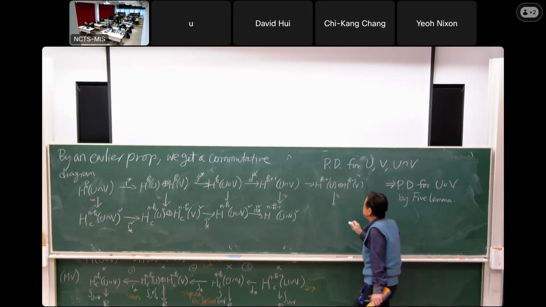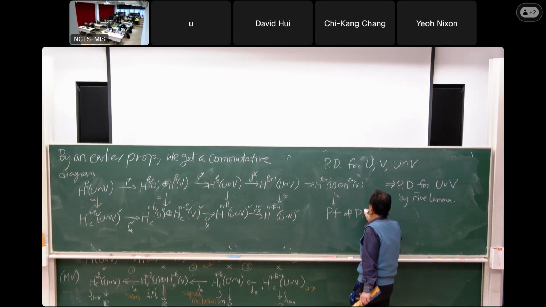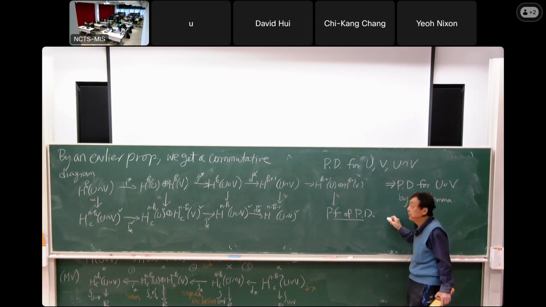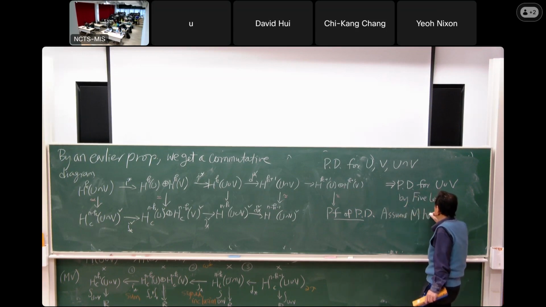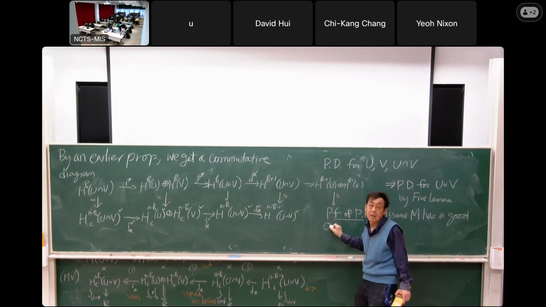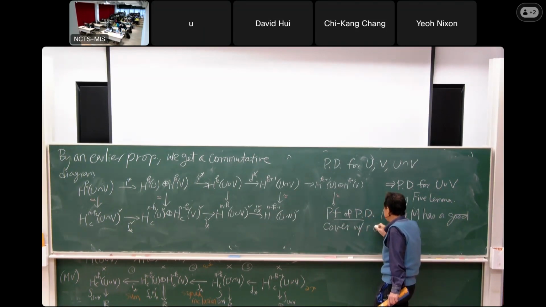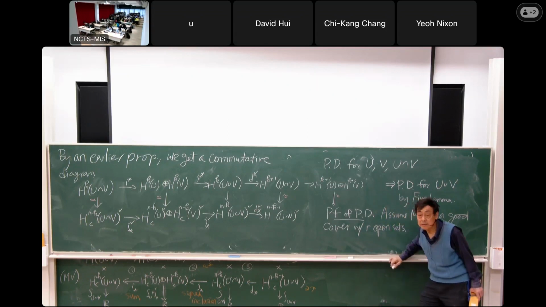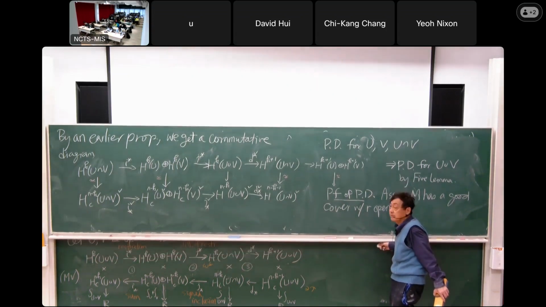Now the base case. Well, you assume that M has a good cover with R open sets, and you induct on the number of elements in this good cover.